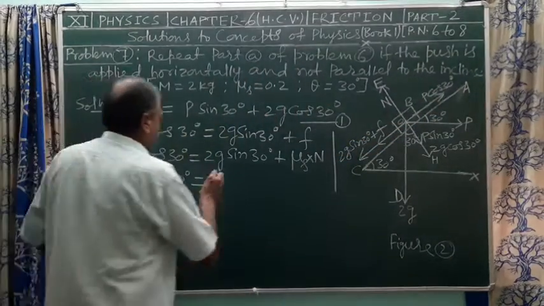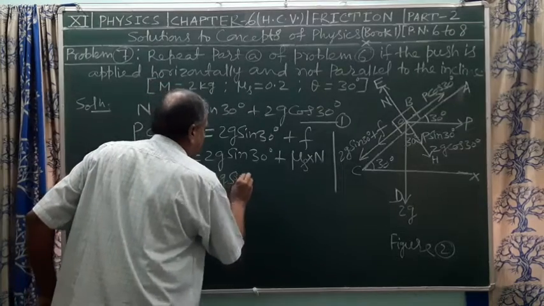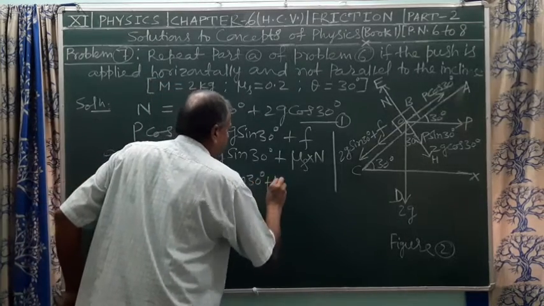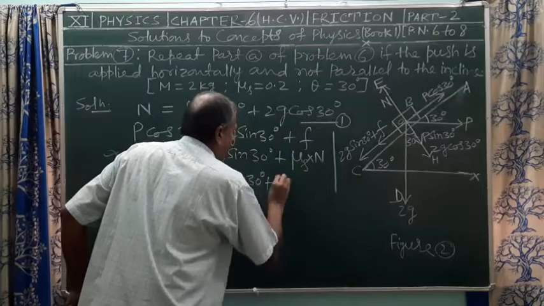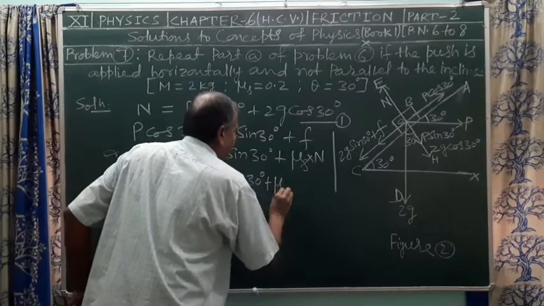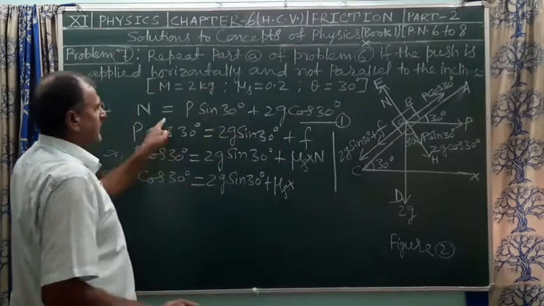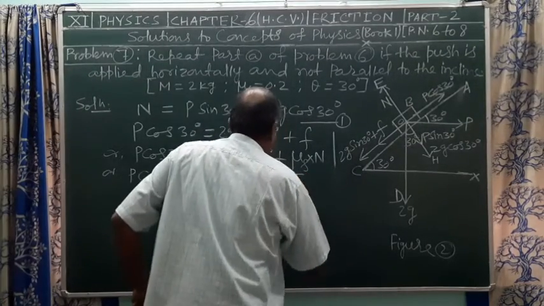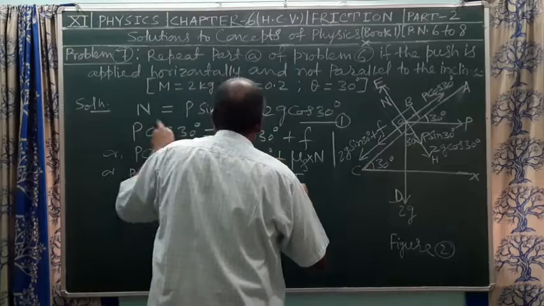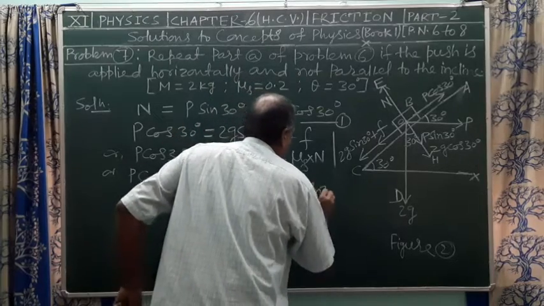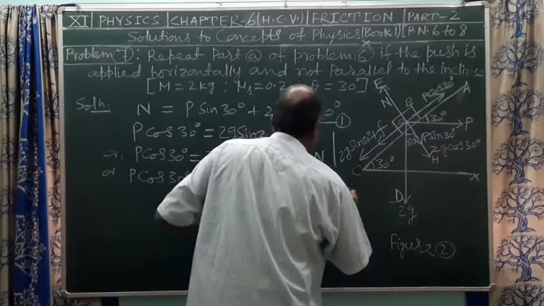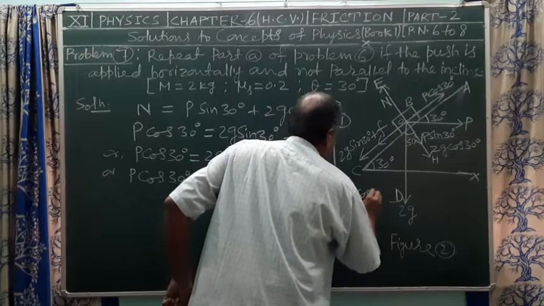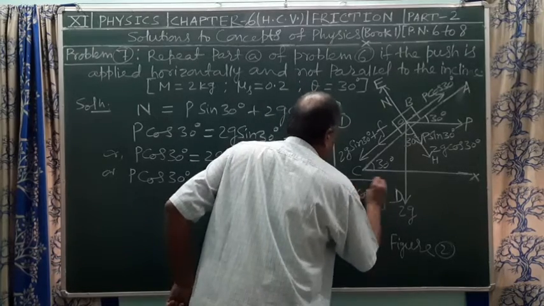So P cos 30 is equal to 2g sin 30 degree plus mu s multiplied by N. In place of N, the normal reaction, we can write from equation 1 P sin 30 plus 2g cos 30, under bracket.